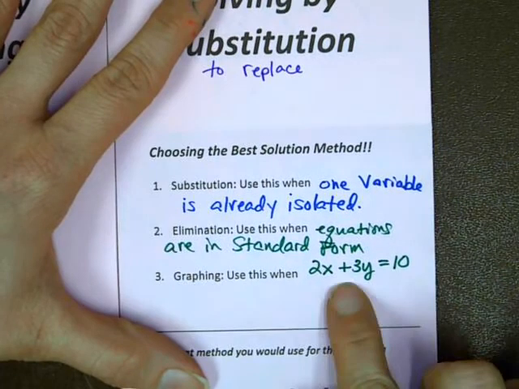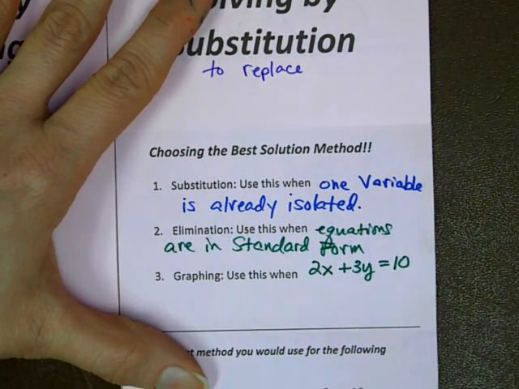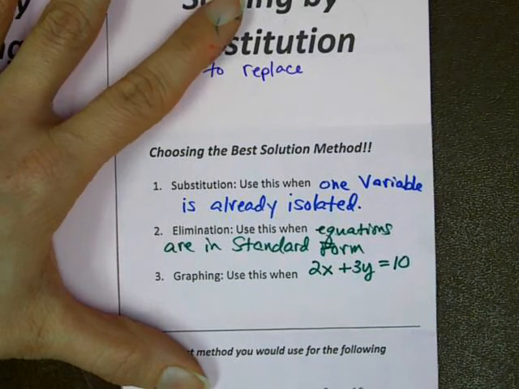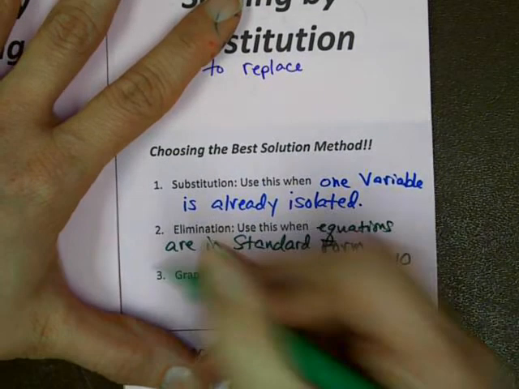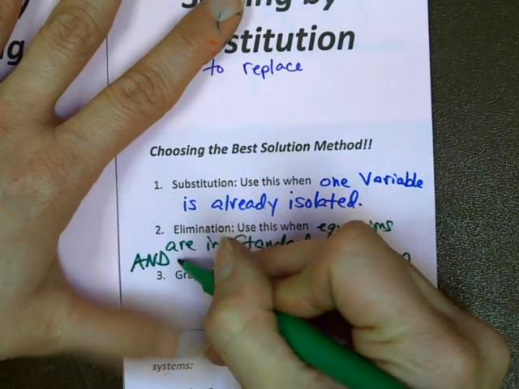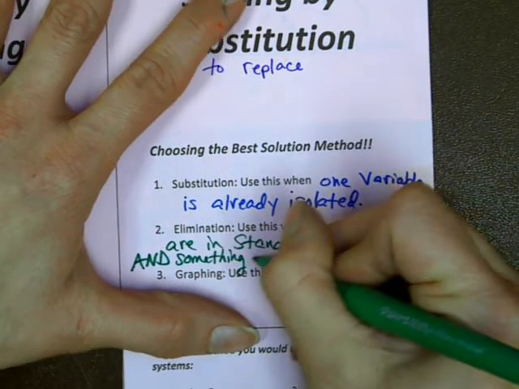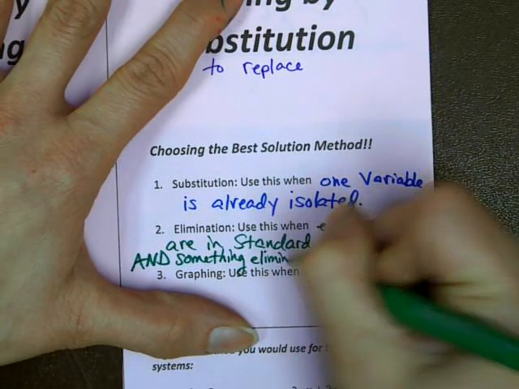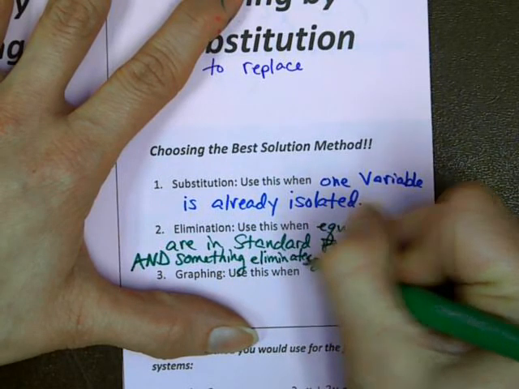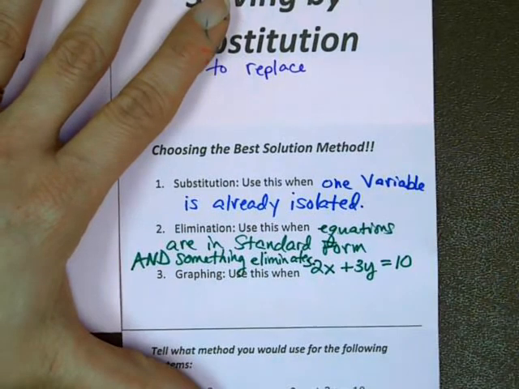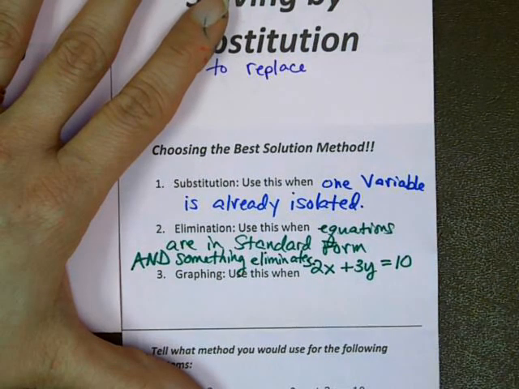So if they're all lined up, ready for elimination, that would be a good thing to do. When the equations are in standard form and something eliminates automatically, I would definitely recommend this method.